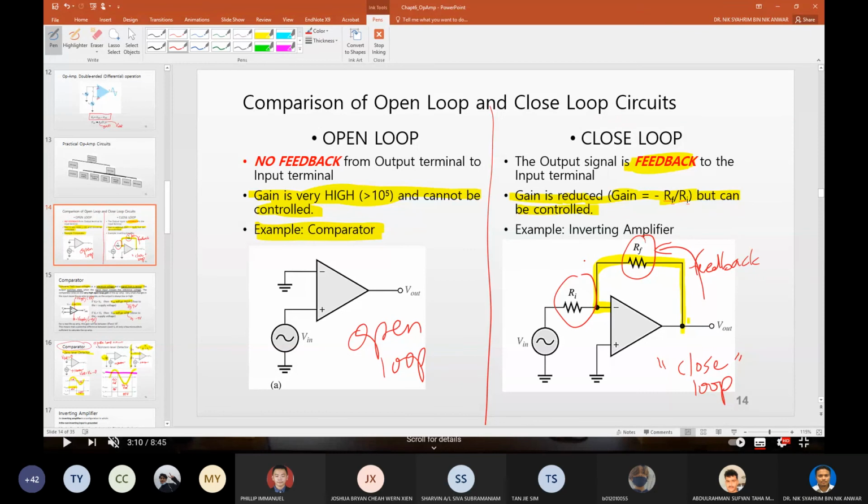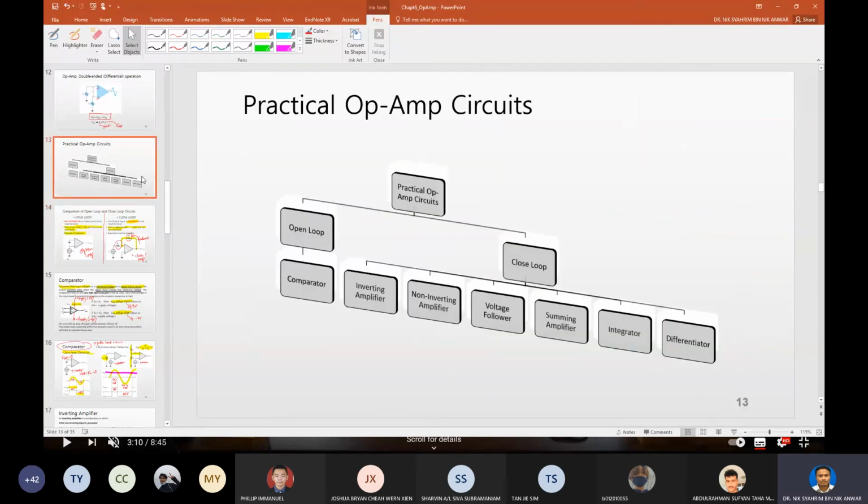Okay. So I go back to one more slide earlier. This is how we can categorize op-amp circuits by whether they are open loop or closed loop. If you use it in open loop, we can say that the gain is almost infinity, or around maybe 10 to the power 5 or 10 to the power 7.